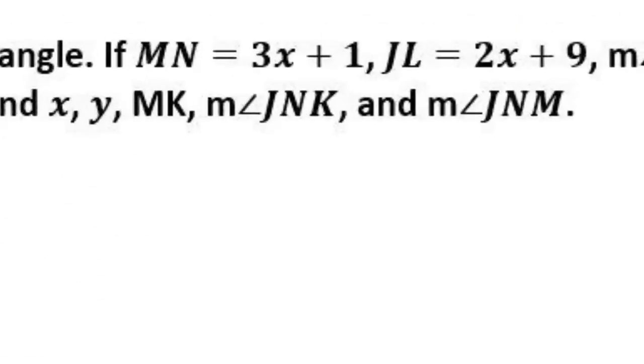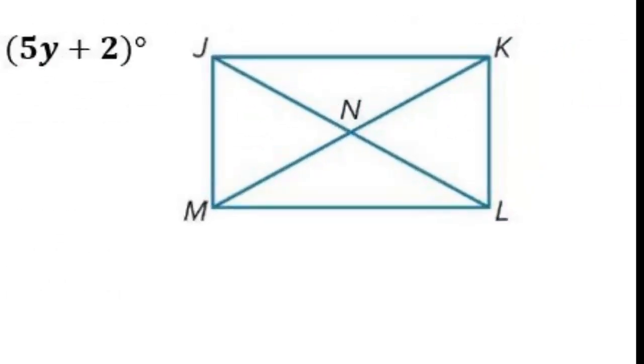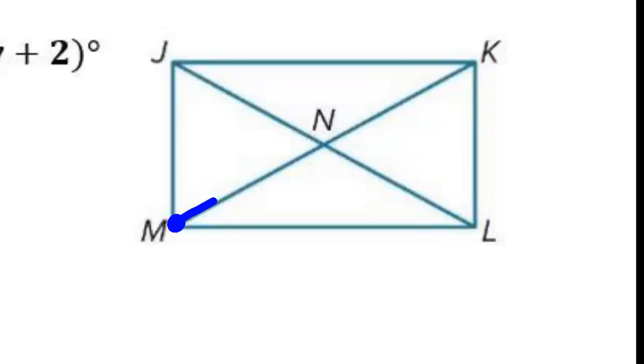It says MN is 3x plus 1. So MN would be this right here. That's 3x plus 1.